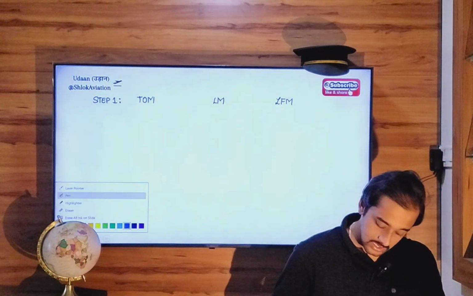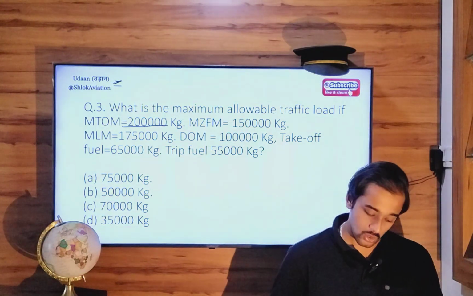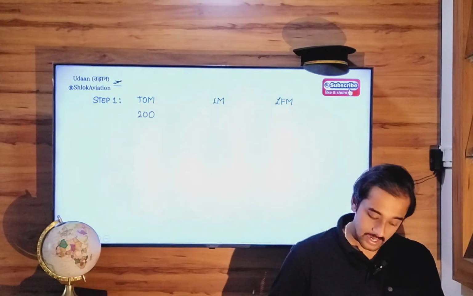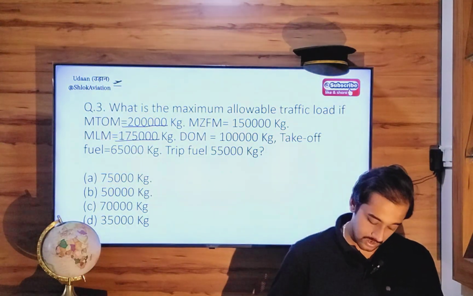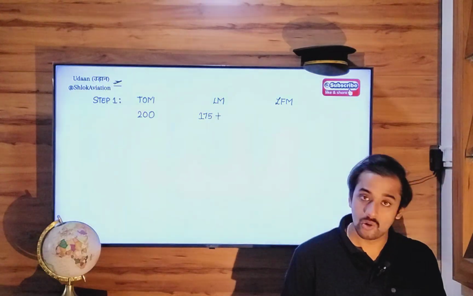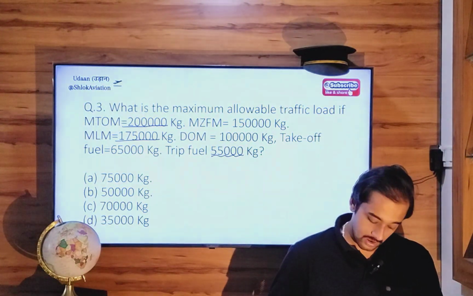So takeoff mass is maximum 2 lakhs. So write 200. Landing mass is 1,75,000, so 175. Add trip fuel to that, which is 55,000 or 55.